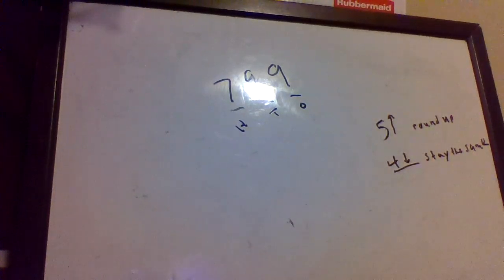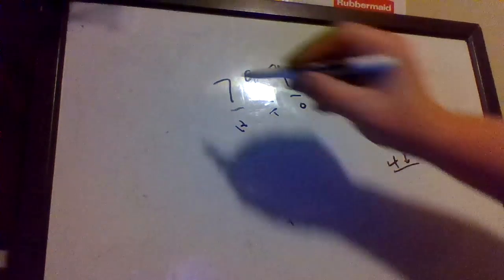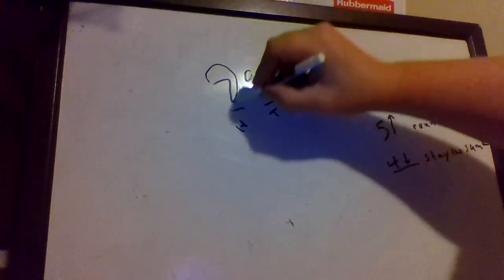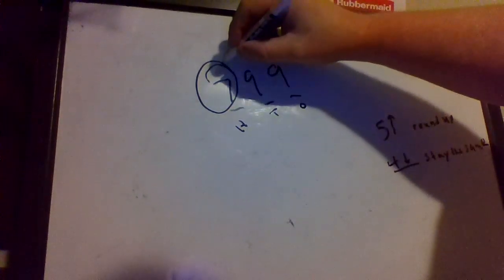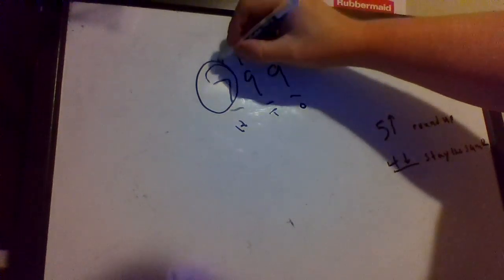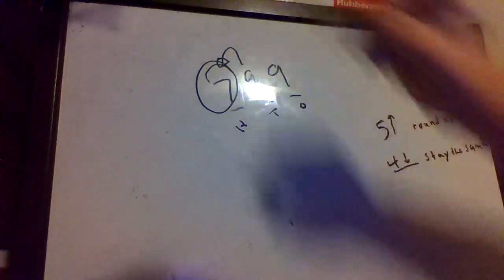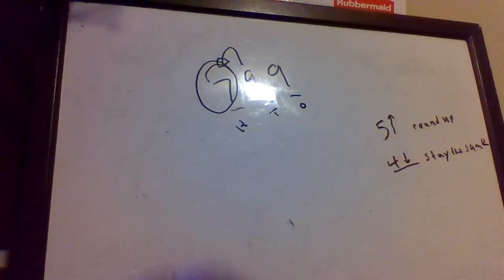So if we're going to round to the nearest 100, first, what number is in the hundreds place? Right. The 7 is in the hundreds place. And what number is going to be the helper number that's going to make the 7 round up or stay the same? Right. The first 9. Okay, so the first 9 is going to make the 7 round up, right?